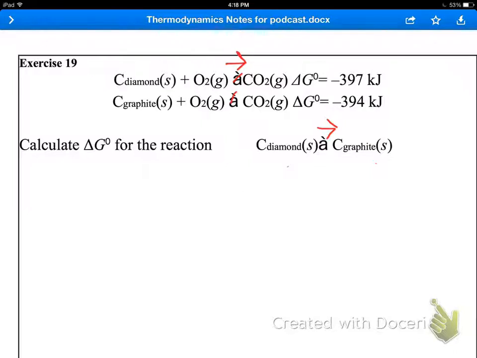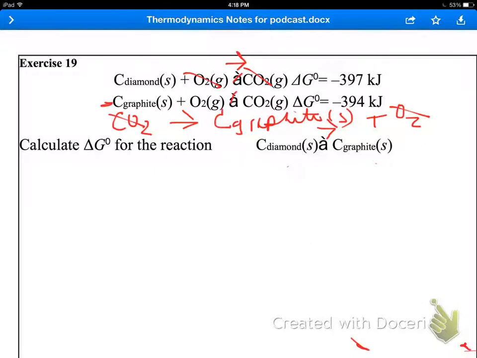So we're going to use basically Hess's law, right? In order to do that, we have to rearrange the equations to get just what we want, right? So I can reverse the second reaction, and when I do that, I also have to change the sign of the energy, and I can cancel out everything that's common.